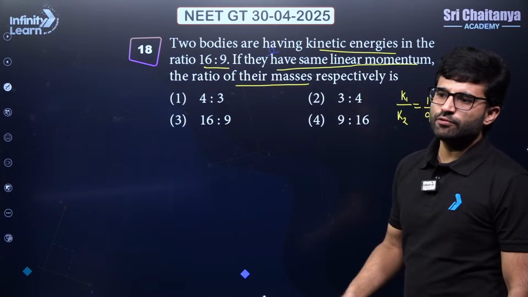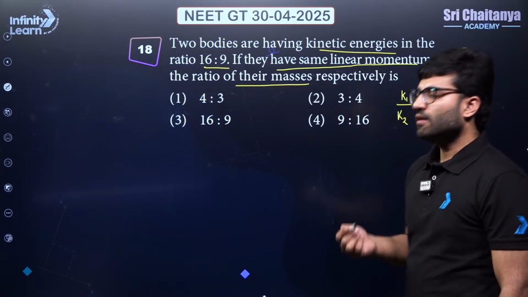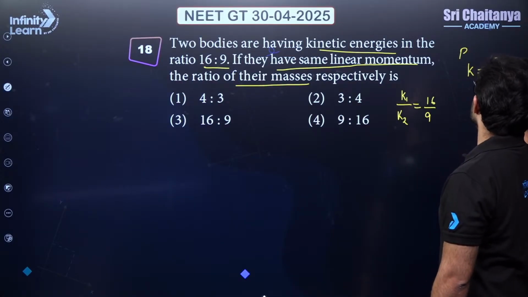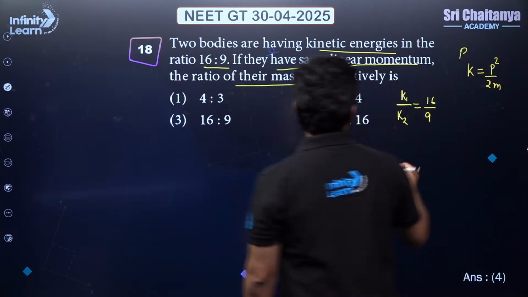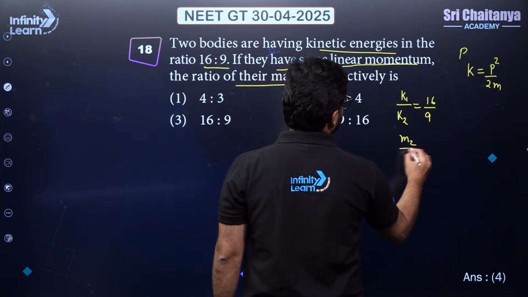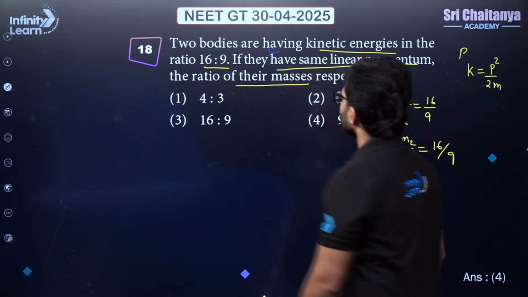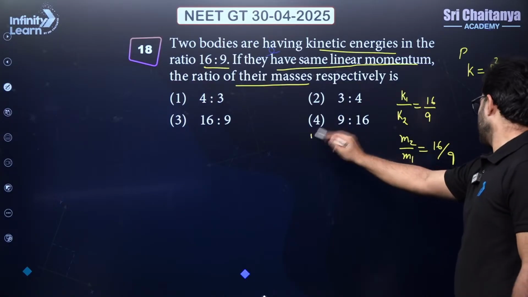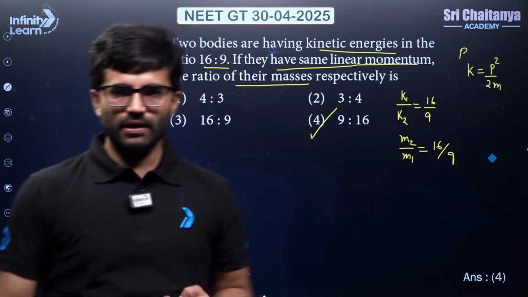So basically you have to depict kinetic energy in terms of momentum. What is kinetic energy in terms of momentum? P square by 2m. Now can you put it? Since P is the same, you will get m2 by m1 as 16/9. But they are asking the ratio of masses, which is m1 by m2. That would be 9 by 16. Clear? Is that very clear?